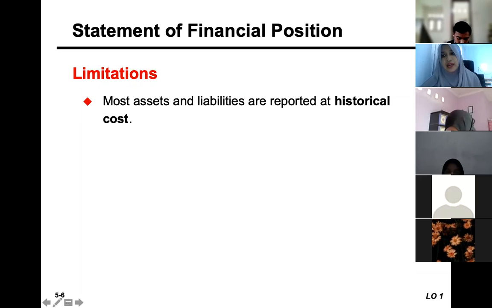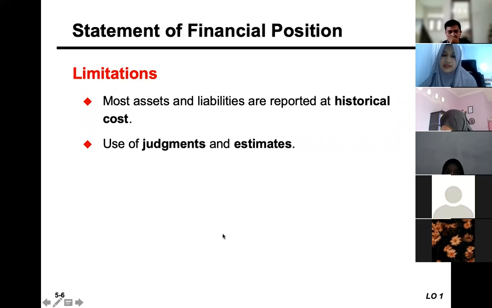Okay, likewise, like the income statement, the statement of financial position also has some limitations. Among others, the information that we provide on the statement of financial position is based on historical costs. For example, an asset that was purchased 5 years ago was recorded based on the price of 5 years ago.